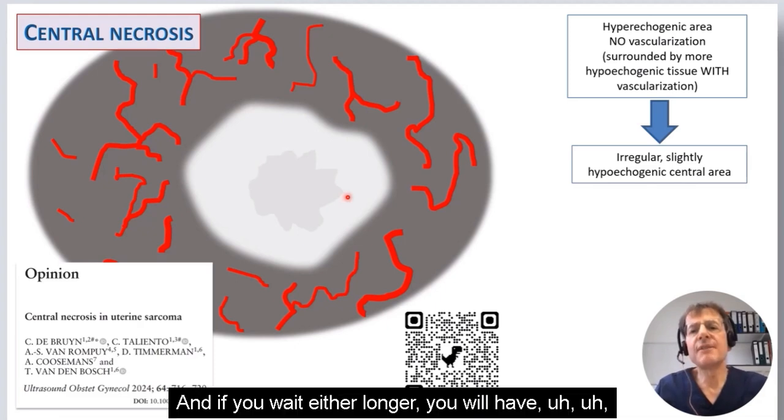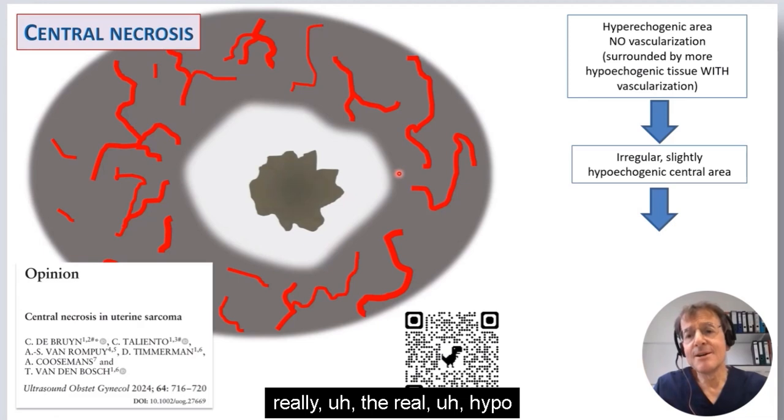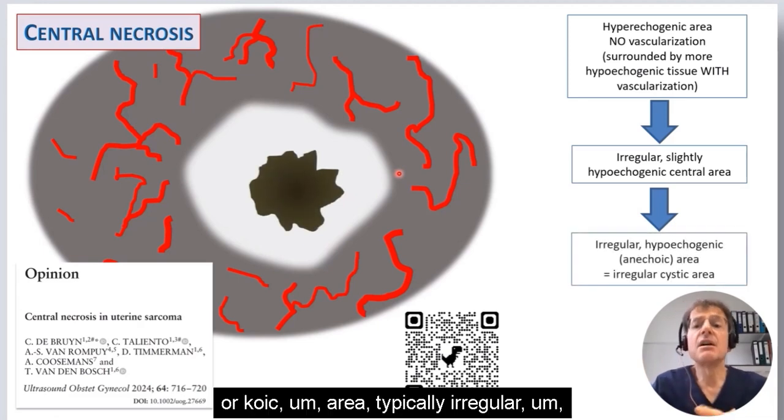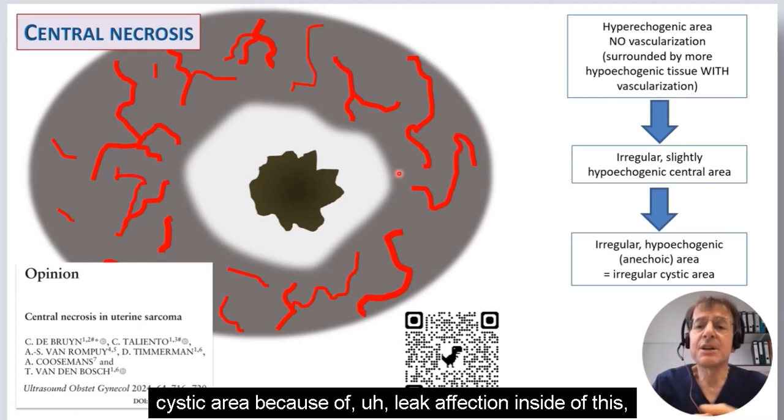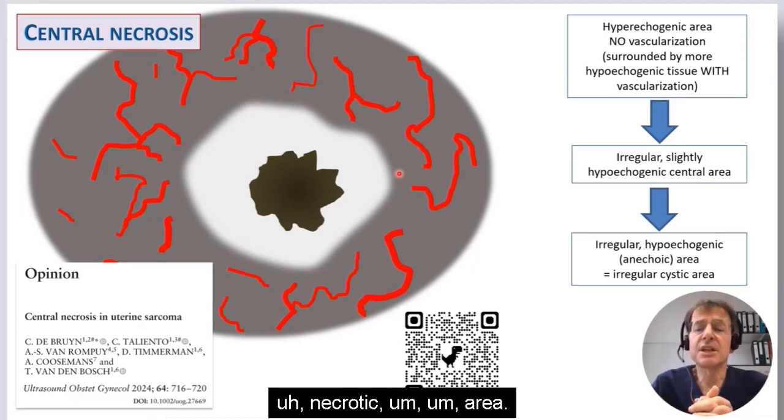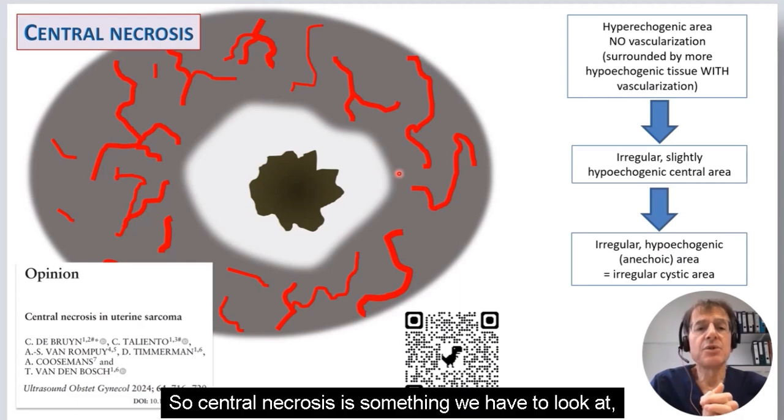And if you wait even longer, you will have the real hypo- or anechoic area, typically an irregular cystic area, because of liquefaction inside of this necrotic area. So central necrosis is something we have to look at.